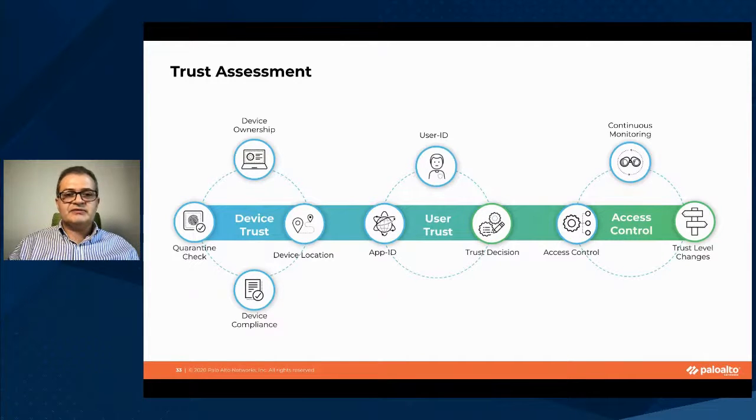Then we make a decision that we trust this user and we trust this device. And at that point, we need to control what kind of access he has on the network and continuously monitor these transactions. So, Global Protect is an essential component within Zero Trust to spread it across mobile users in the office as well as on the go.